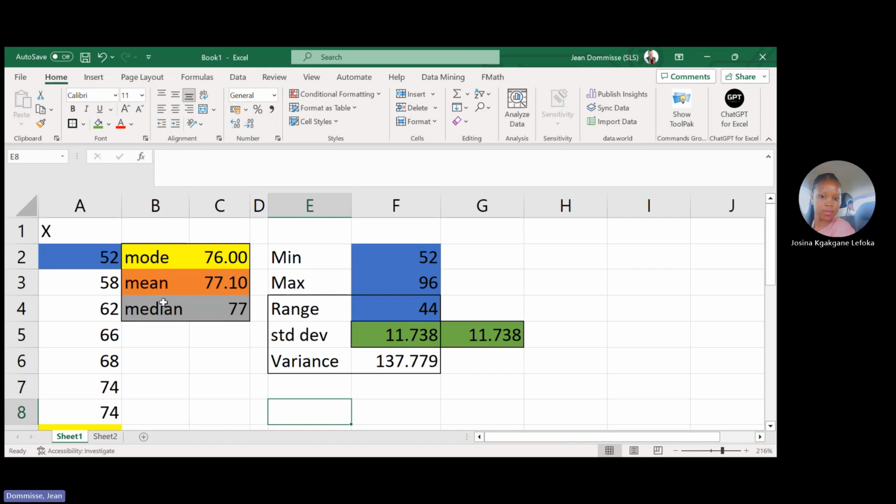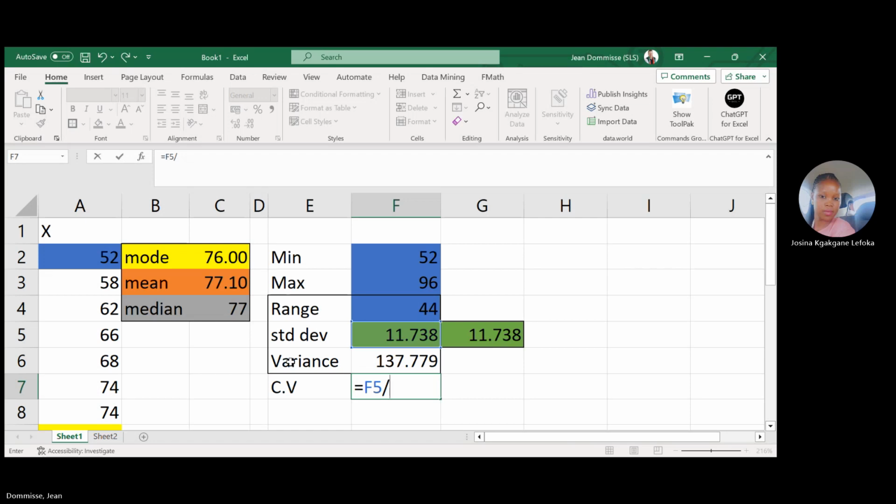Okay, so we've now basically covered your three measures of dispersion and your three measures of central tendency. The other one that I just want to add is the coefficient of variation. Again, there is no formula for that in Excel, but we know what we need. We're working with the standard deviation, and we need to divide that by the mean.